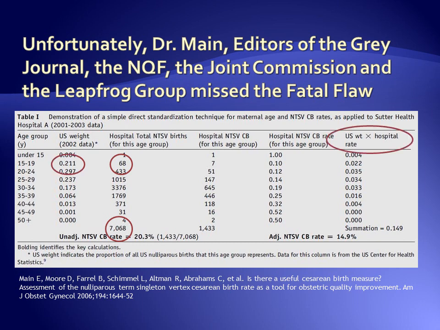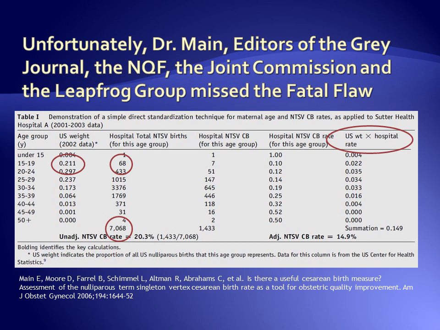However, this age group makes up 21% of the adjusted NTSV rate. When you do the math, you will find that one additional cesarean birth this month compared to last month in the 15 to 19-year-old age group would increase this hospital's cesarean birth measure by 10 percentage points, even though this hospital has about 500 total births each month.